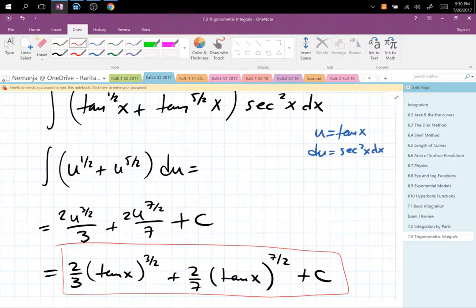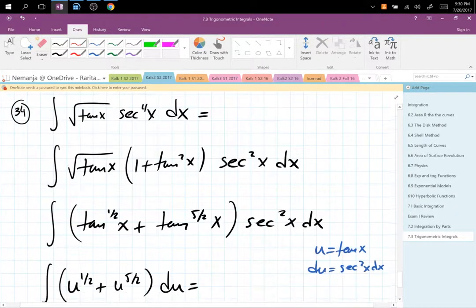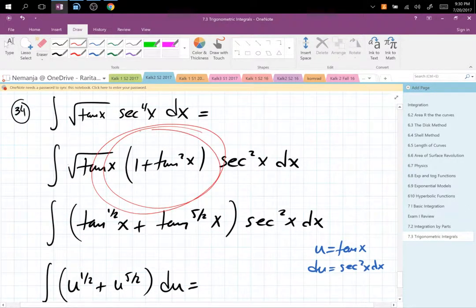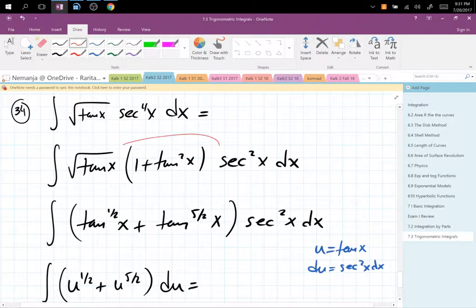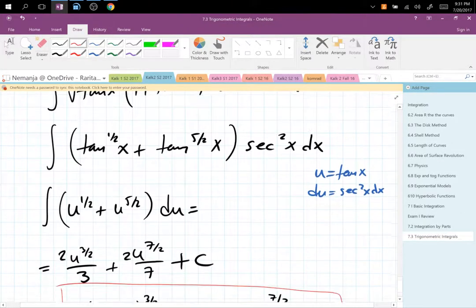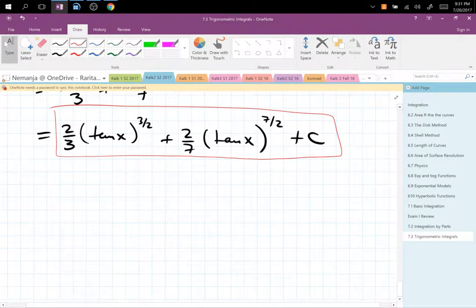Yes. And only one of them will cancel. The other one stays. Yes, and then I use 1 plus tangent squared of x. Yes, that's what we did. That's this part. So one secant squared is here, and the other one is there. And then we distribute, and then u sub. All right, another one.